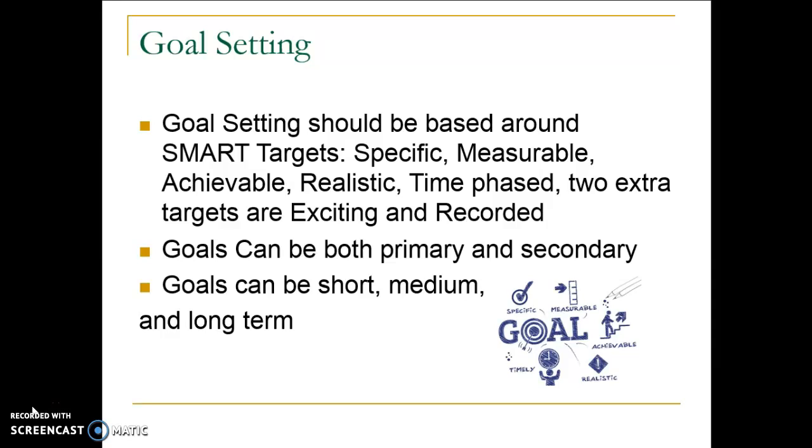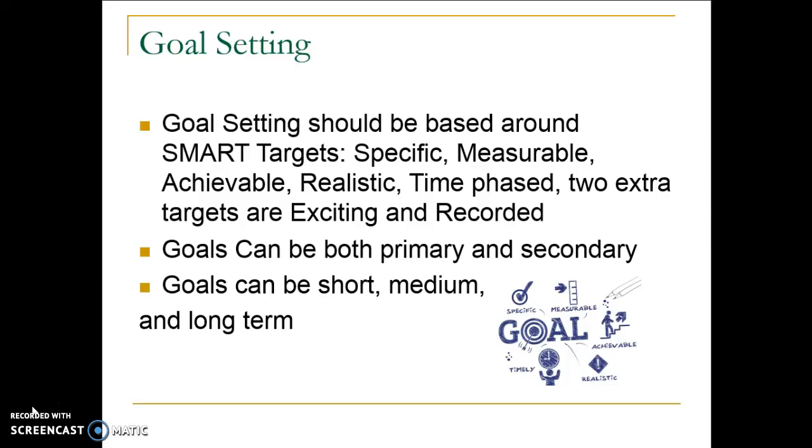So, for example, saying that you're going to improve your 100-meter sprint time by 1 second in a week, that isn't realistic. But ensuring that you do this maybe over a 3-month period, that would be more realistic.